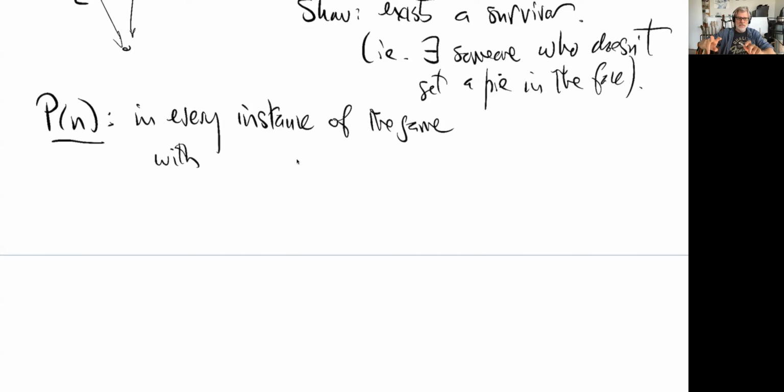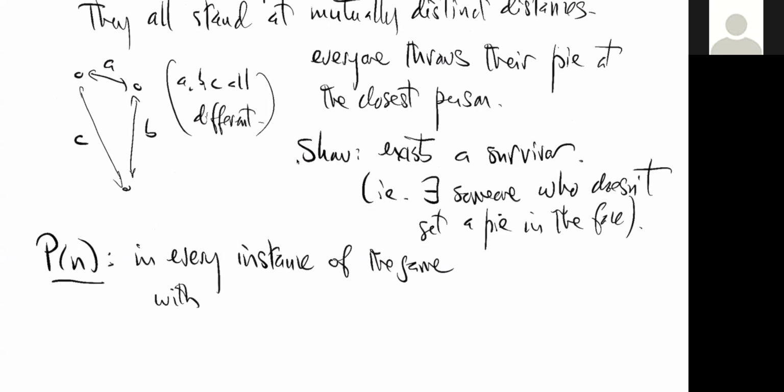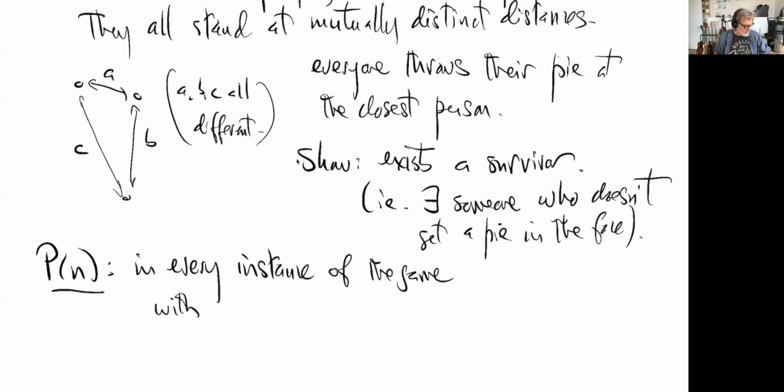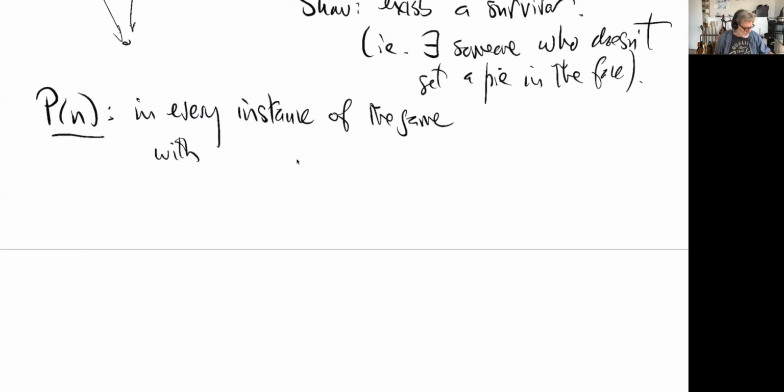You see that? Maybe you could illustrate the example with the 3 you just put at the top, with the ABC. Yeah, but let me finish the P of n, and then I'll show you. So in every instance of the game with 2n plus 1 people, there exists a survivor.